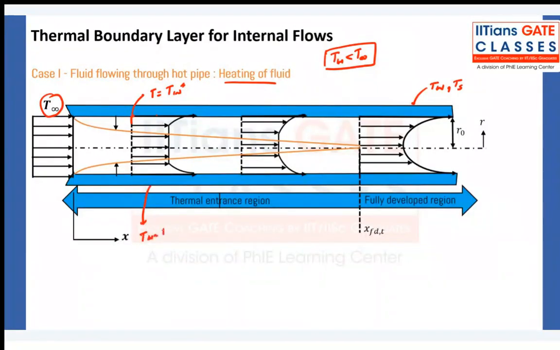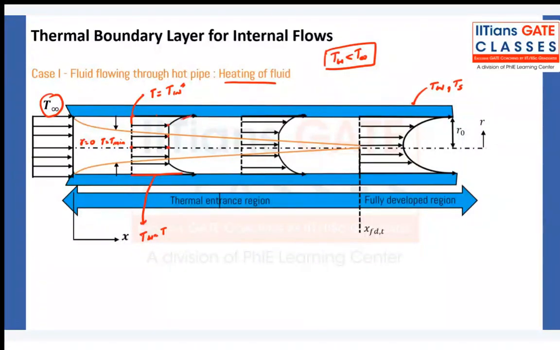This surface is also at TW. So it is going to reduce and reach a minimum temperature somewhere here. At R equals 0, T equals T minimum. So first of all, it is going to vary like this.